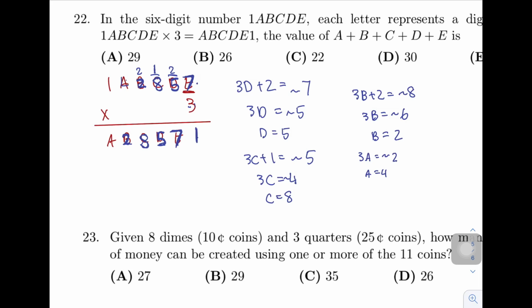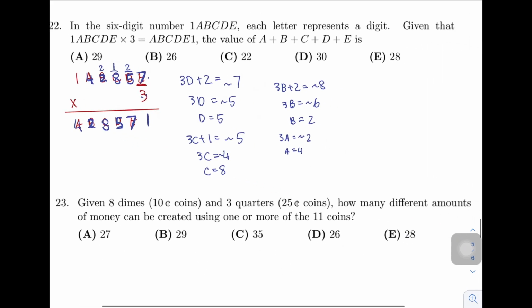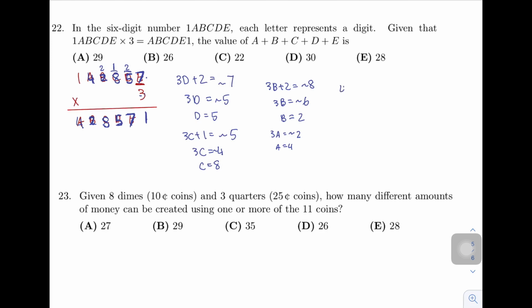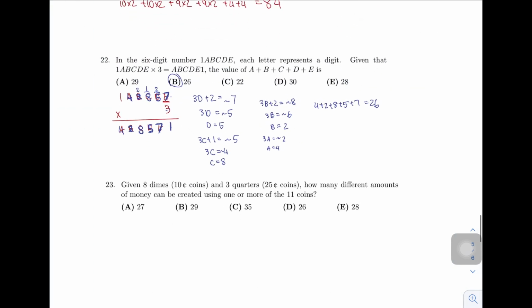And when A equals 4, you realize this also equals 4. So then if you add up A, B, C, D, E, you get 4 plus 2 plus 8 plus 5 plus 7, which gives you 26. Therefore, B is the correct answer.